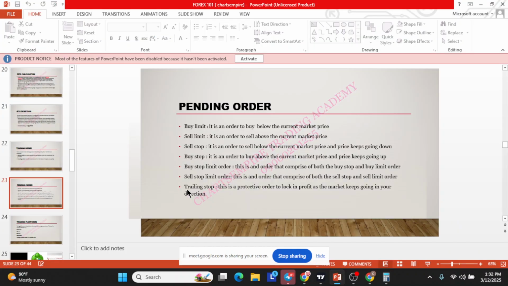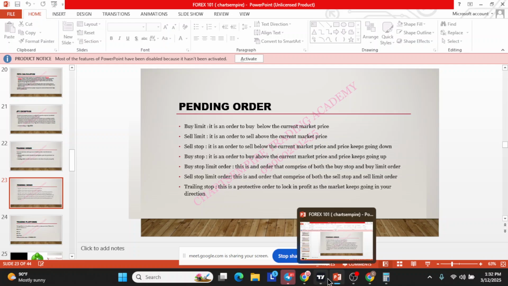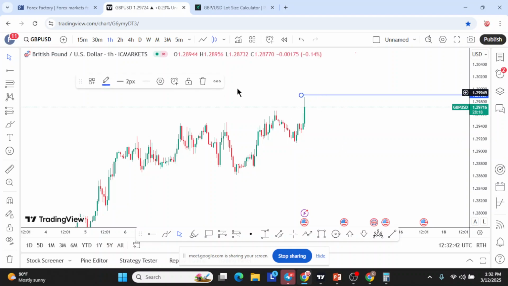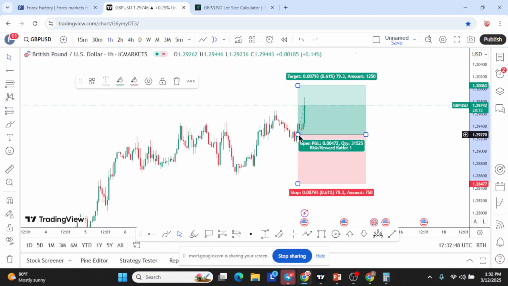Yes. And lastly, we have the trailing stop. The trailing stop is a protective order to lock in profit as the market keeps going in our direction. Let's say we took a buy from this point, and these are the tools we have used.